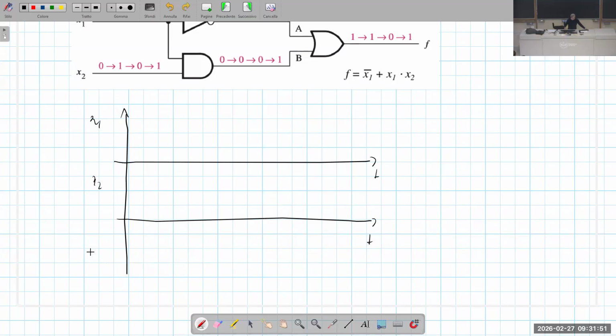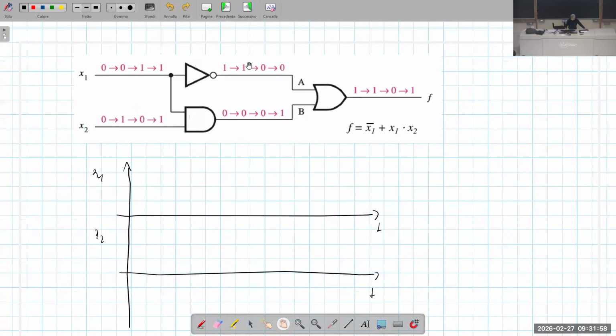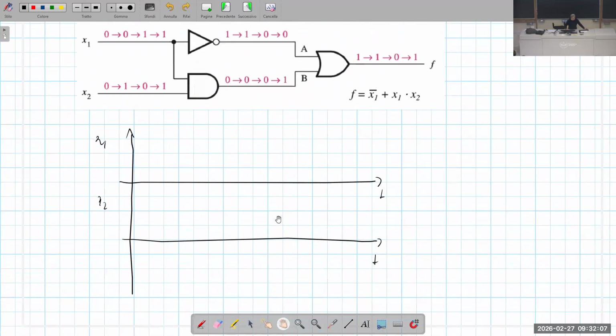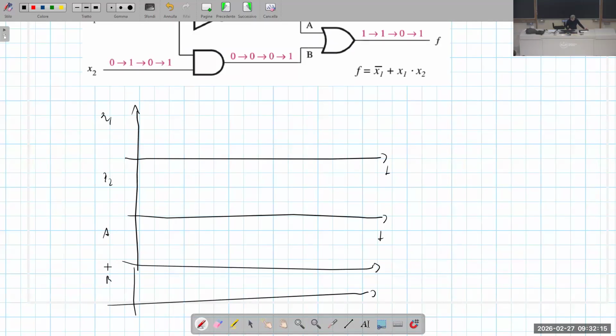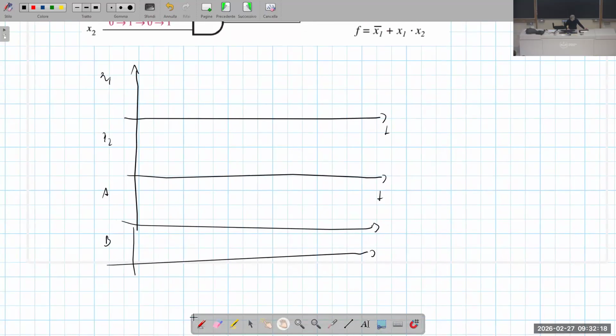To do that, step by step, we can start from the logical values of the intermediate output signals. In particular, if we call A the output signal of the NOT gate, let's plot A, let's plot B, and finally let's plot the output F.